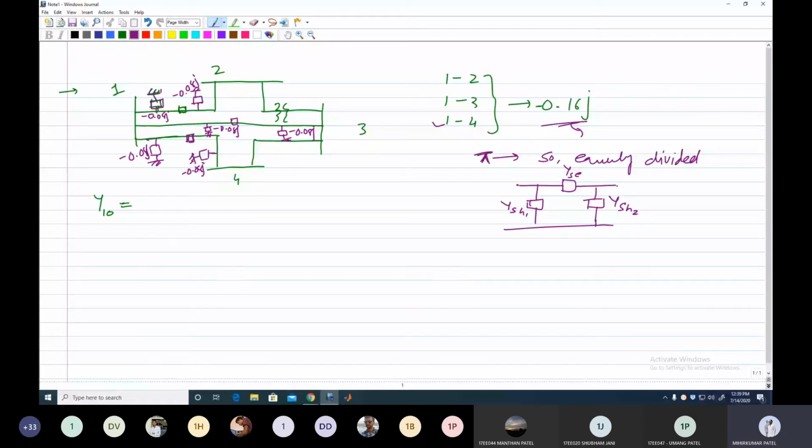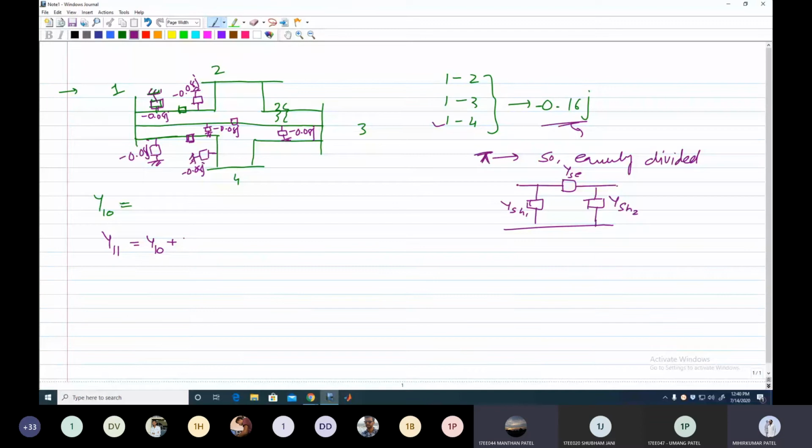So you have to calculate y10. Now from this network, what is the value of y10? Why do we need to calculate y10? Because we have to calculate y11. In that y11, we have the value of y10. Yes, who will help me write down the equation of y11 from this diagram?